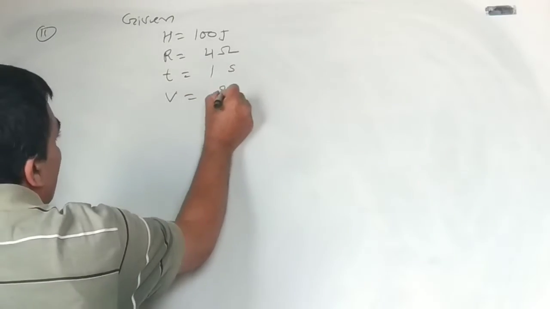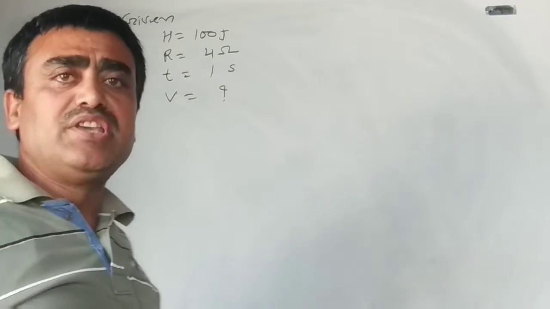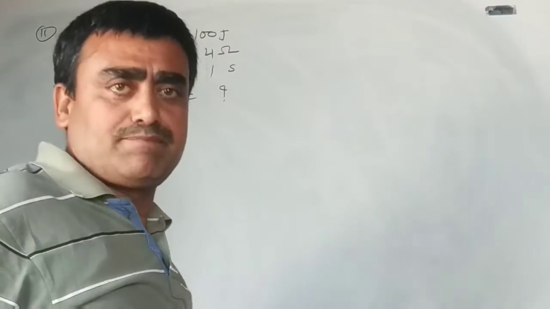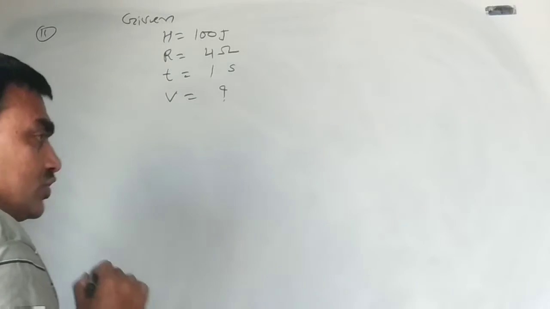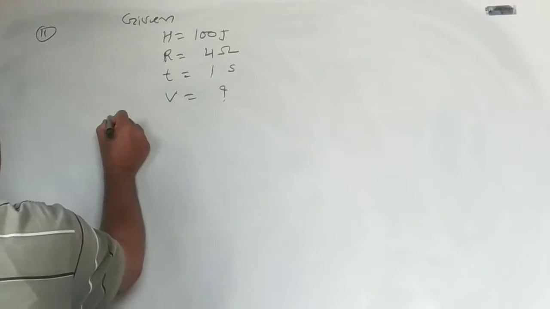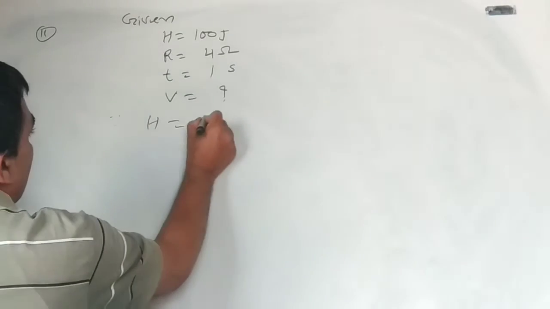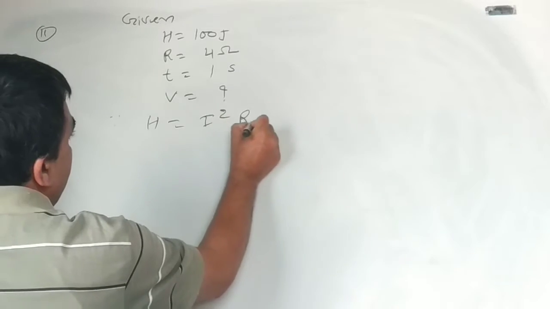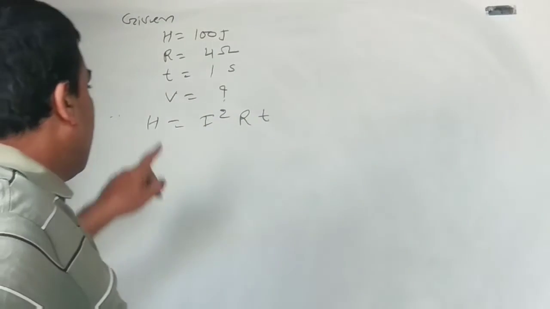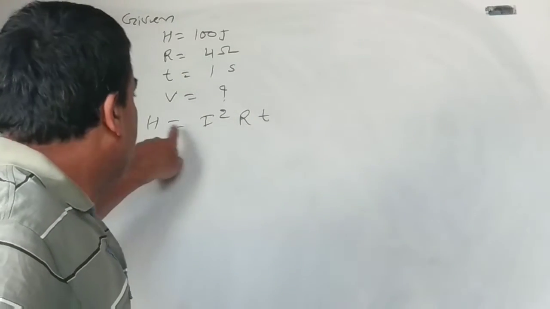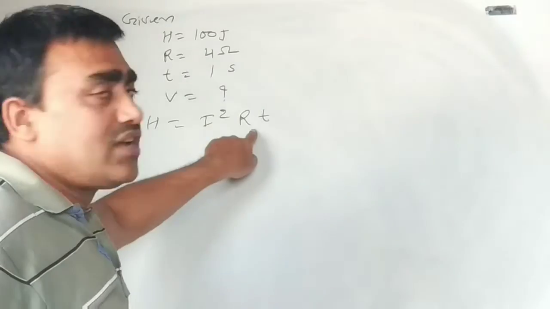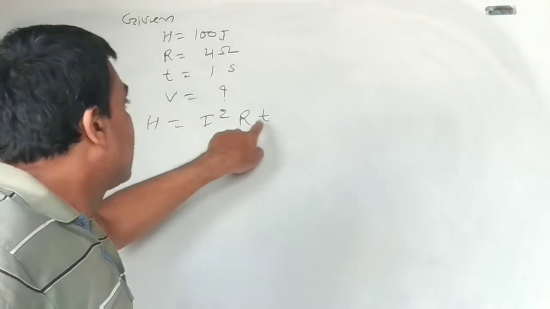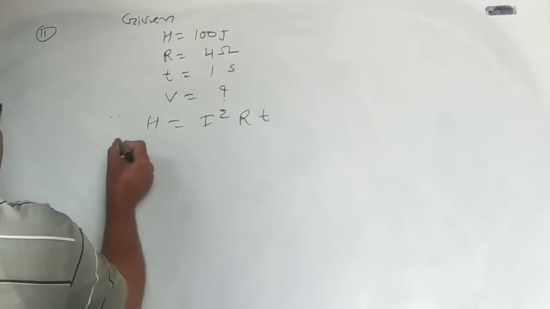V is equal to what? Here V is potential difference. According to Joule's law, we know that H is equal to I square RT, here H is heat, I is current, R is resistance, and T is time taken. Okay?